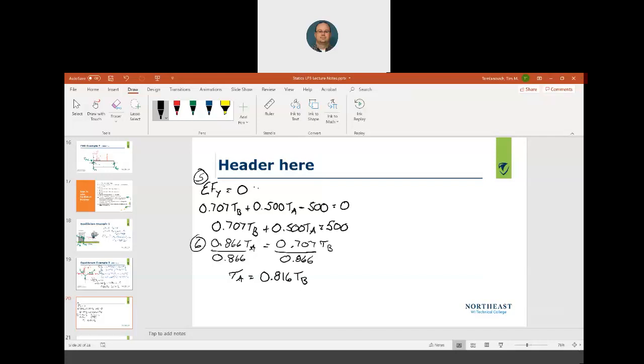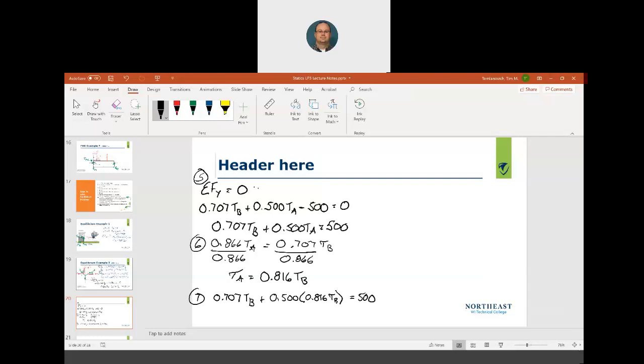Now I know TA equals 0.816 TB. So I'm going to substitute this into my sum of the forces in the Y equation. 0.707 TB plus 0.500 times TA, which now equals 0.816 TB, equals 500.